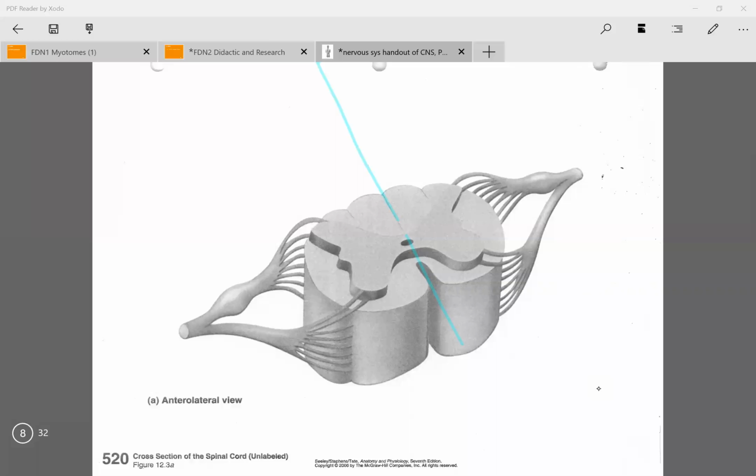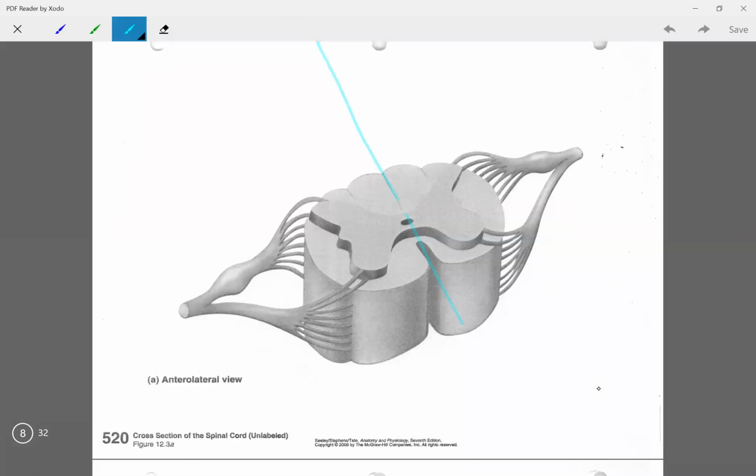Okay. All right, so here is our brain. Thalamus, brainstem.